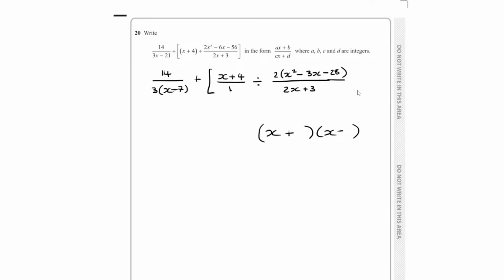So 4 and 7 would work, wouldn't it? 4 times 7 is 28. Now we'd have to do minus 7 and then plus 4. That would make minus 3. So I'm going to rub this out and just rewrite it, so I have to write the whole thing again. Okay, so that's 2 on the outside, x plus 4, x minus 7.